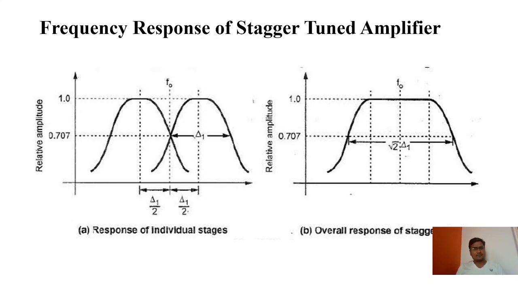Now if the individual stages have a small bandwidth, obviously two single tuned amplifiers will show small bandwidth. Now if I cascade them, the basic funda says the bandwidth becomes narrow.